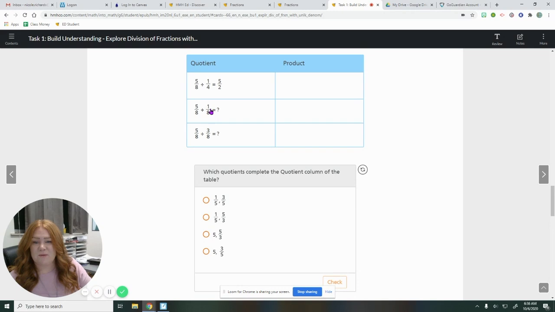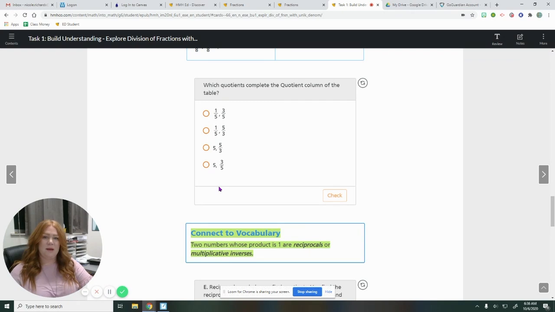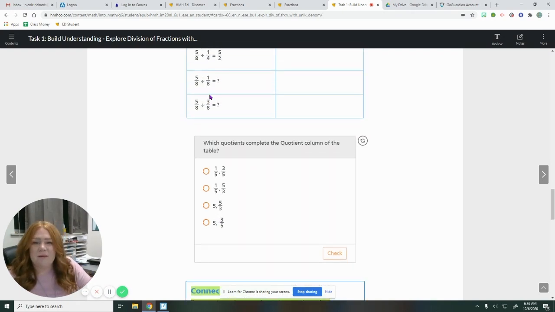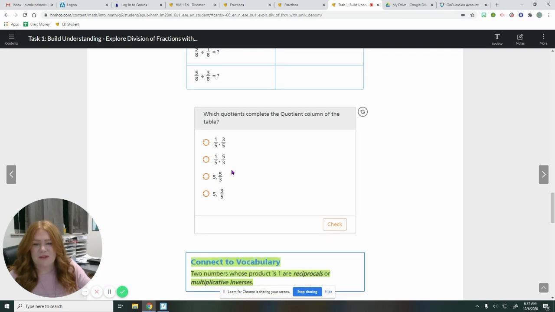I know the first one was 5, so it's got to be one of these two answers. So decide which one will this last part be here. Okay, so when I look at this problem, I noticed 5 divided by 3 does not work out very nicely. Kind of end up with a weird problem there.